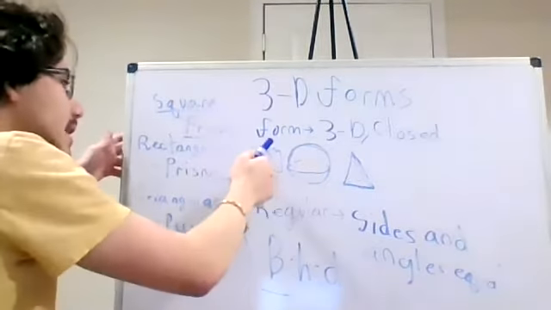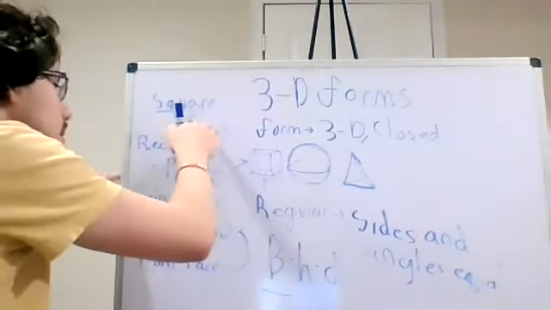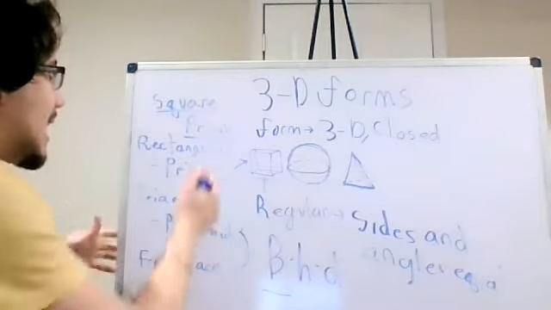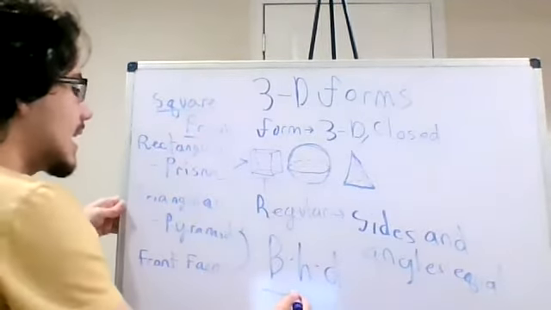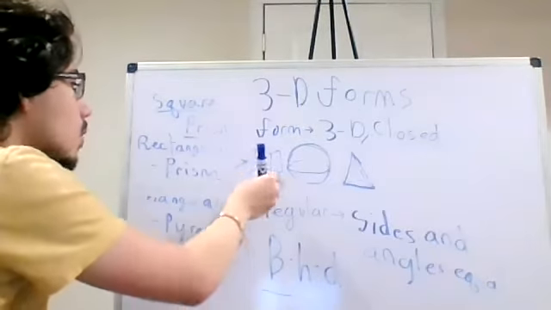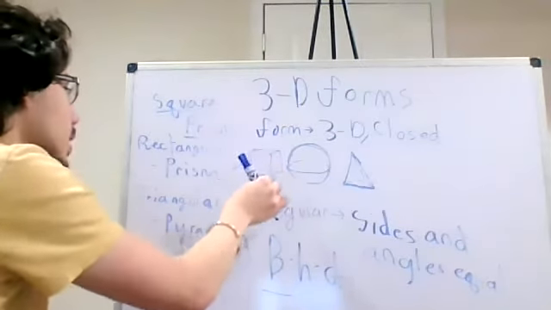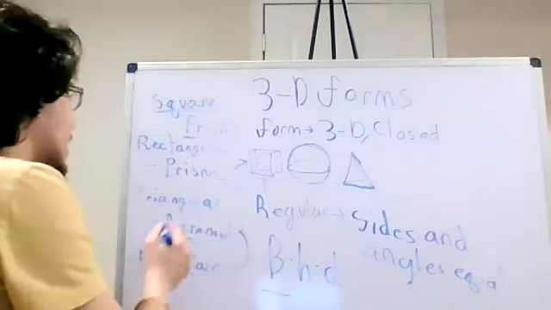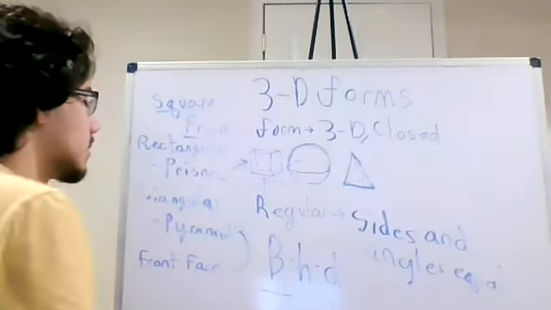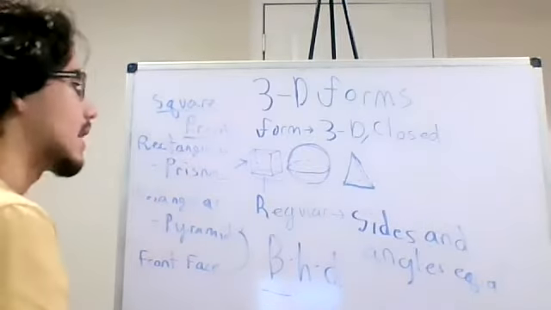So square base and prism form. And this corresponds to the base and the height, because the base refers to only the bases of the form, while the front facing refers to the base and the height, but mainly focusing on the height.